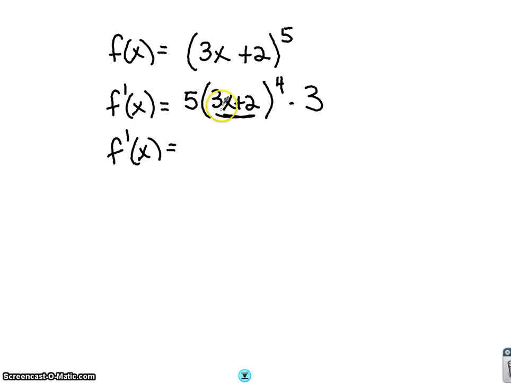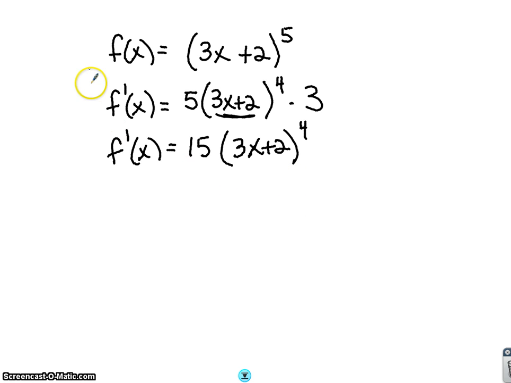We cannot distribute that 5. We cannot distribute that 3 because of this exponent, but we can do 5 times 3, which gives 15 times 3x plus 2 raised to the 4th power. And that's our derivative. We do not need to expand this, multiplying 3x plus 2 times 3x plus 2 times 3x plus 2 times 3x plus 2. We can leave the derivative just like that.